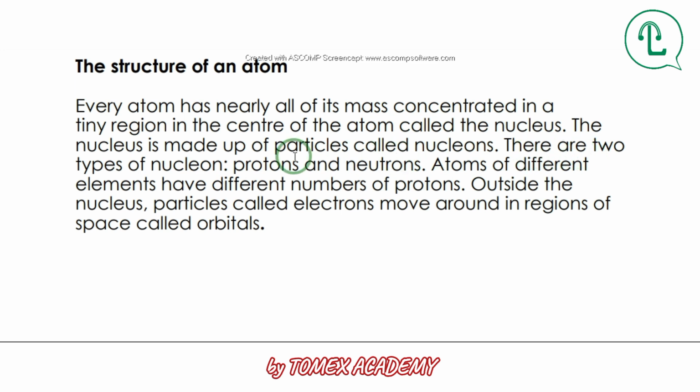There are two types of nucleon, protons and neutrons. Atoms of different elements have different numbers of protons. Outside the nucleus, particles called electrons move around in regions of space called orbitals.